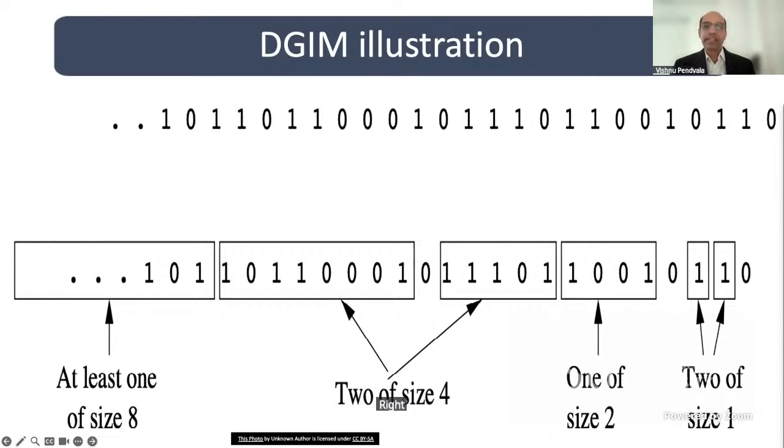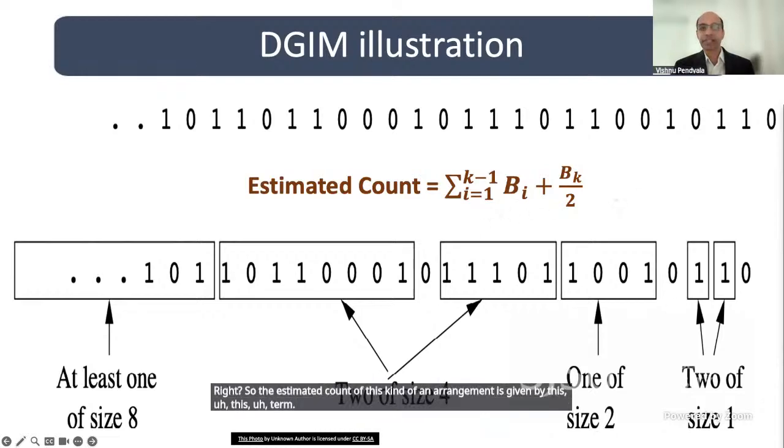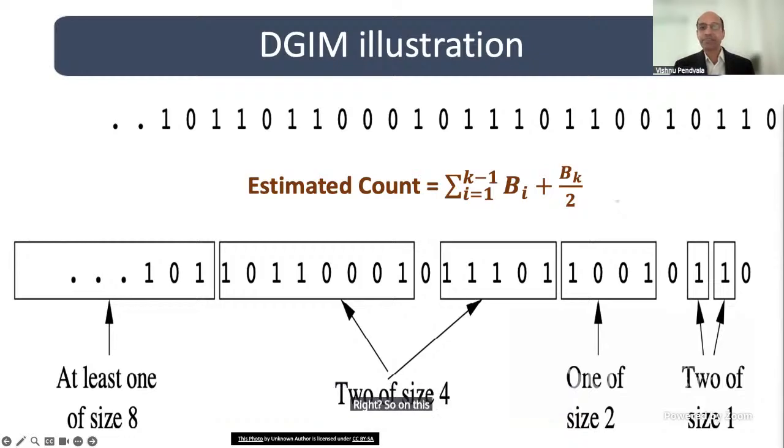right? So the estimated count of this kind of an arrangement is given by this term, right? So on this slide, BK is the bucket to the left, and bits are flowing right to left.